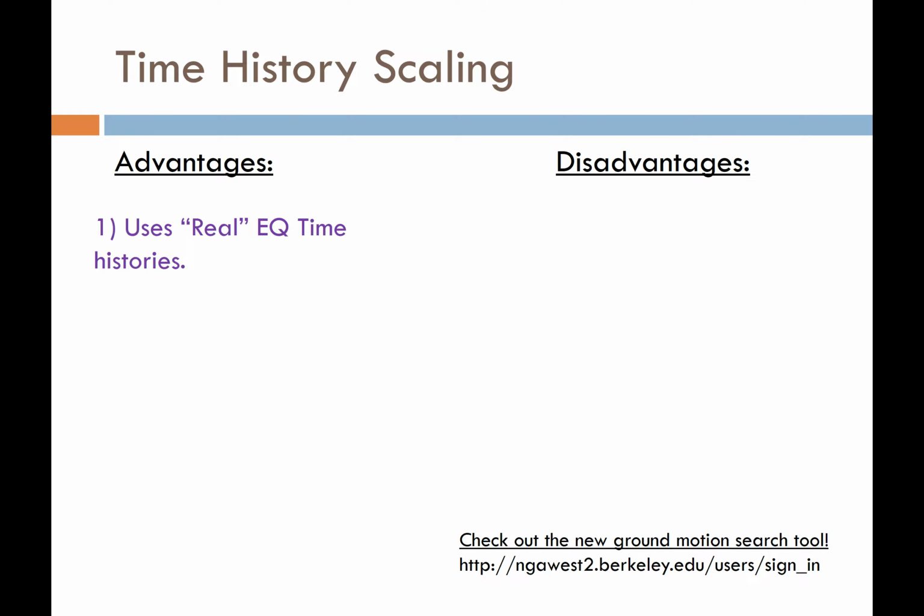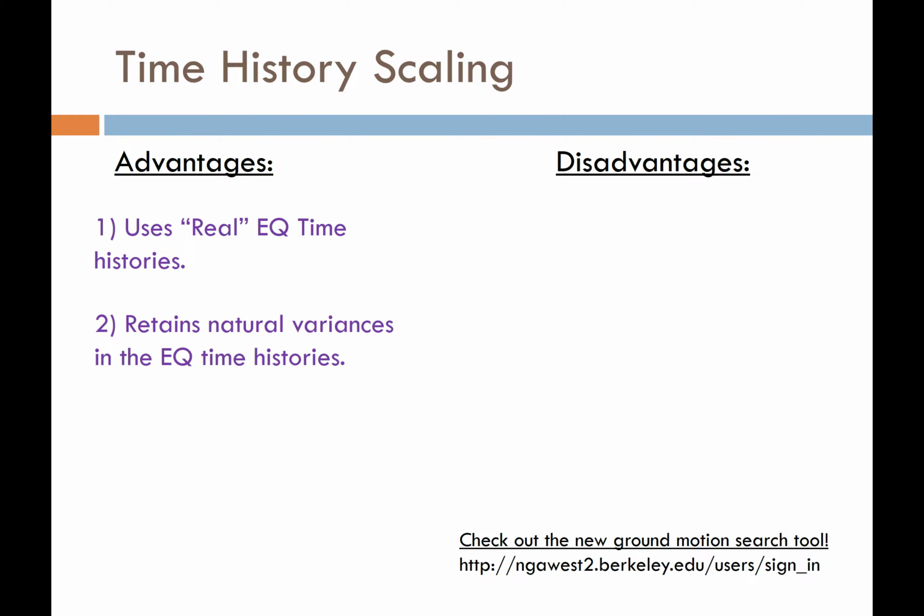And that gives a lot of comfort to engineers to know that, if I were to try to just make up a time history, which some people can do, I may miss some aspects of the seismic waves that we don't understand yet or don't know. But if we're using real earthquake time histories, then all of those fundamentals, all of those physics are inherently built into those time histories.